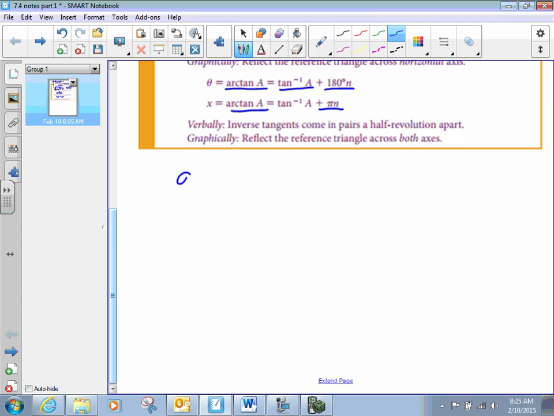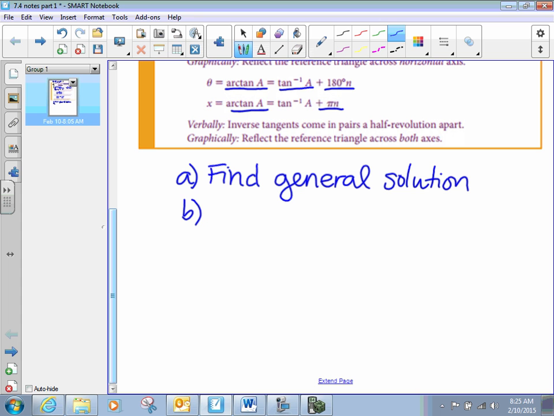So part A, we're going to find the general solution. And part B, we're going to find a solution in given intervals.